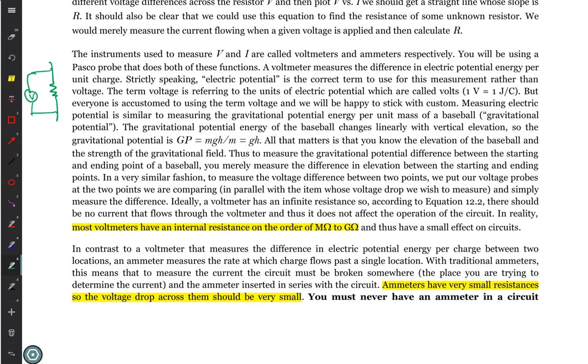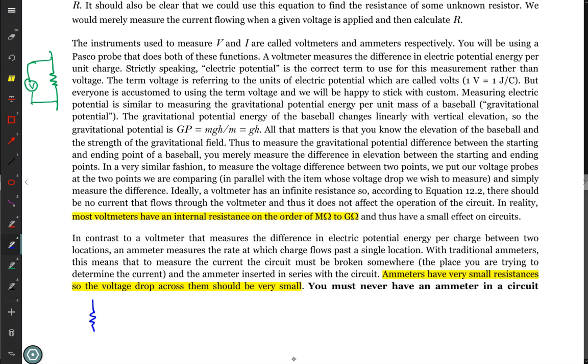Ammeters, on the other hand, measuring current, I said measuring current, that's the current going through the resistor. So if I want to measure the current, here's my resistor, I need to put my ammeter right in line with the circuit. So all of the charge that goes through the resistor also goes through the ammeter.